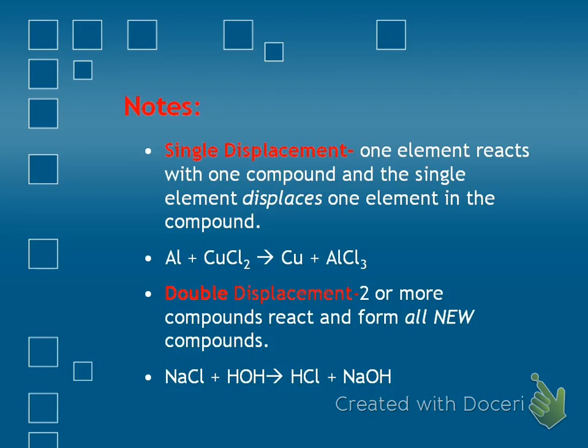Copper is now all alone by itself, a single element. And aluminum is coupled or in a compound with chloride. And so on the product side, you have a new single element and a new compound. So you can recognize single displacement because you will have a single element plus a compound, and then you will have a new single element and a new compound on the product side of the reaction.